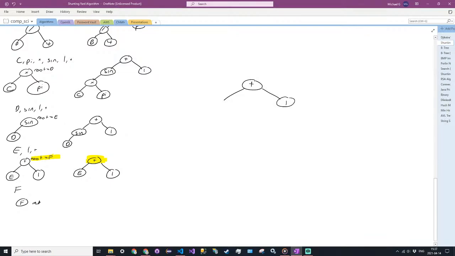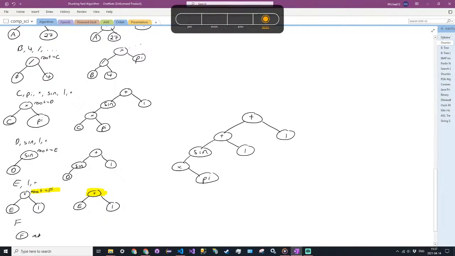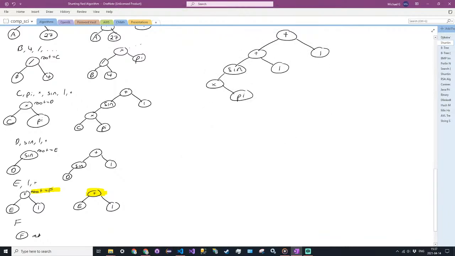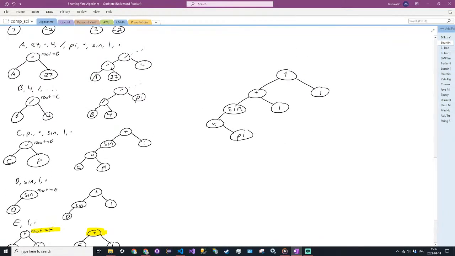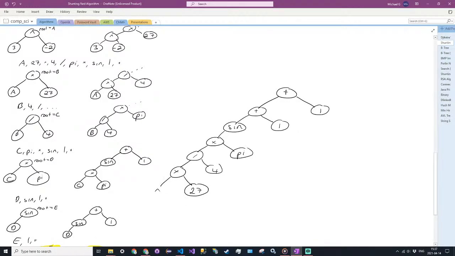Once again, E becomes the plus of 1 and sine of D, but D is the multiplication of pi and C, and C is the division with 4 and B, but B is now the multiplication of 27 and A, where A is the exponent of -2 and 3.